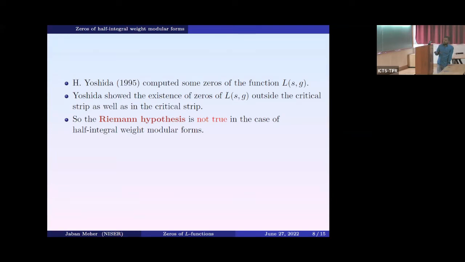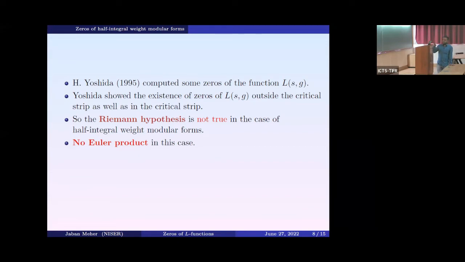So the Riemann hypothesis is not true, but can we still expect infinitely many zeros on that half line? One of the reasons the Riemann hypothesis is not true is that there is no Euler product. If you take an eigenform, the Euler product is not there in this case.